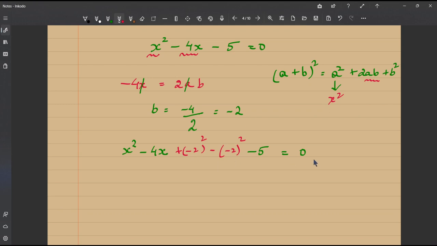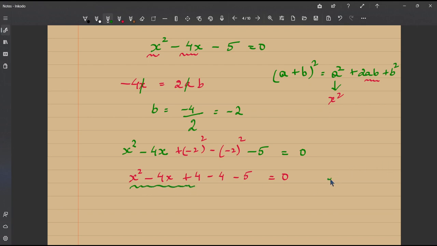Now this is still equal to 0 and everything holds true, right? We've just added and subtracted the same quantity. So this becomes x squared minus 4x plus 4 minus 4 minus 5 is equal to 0.